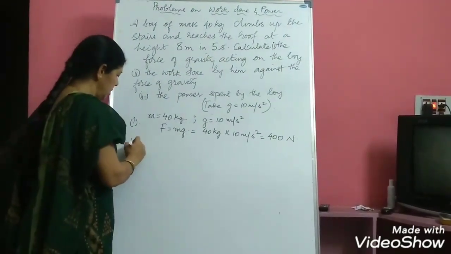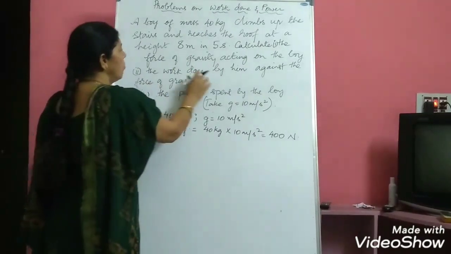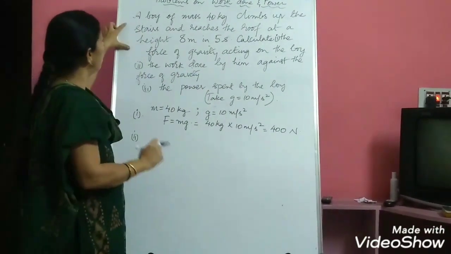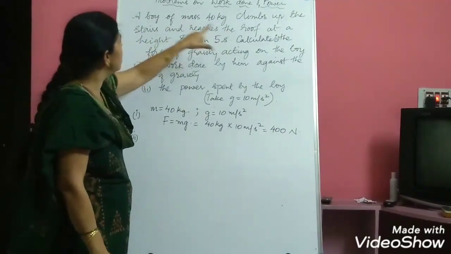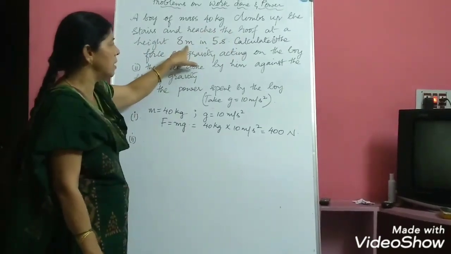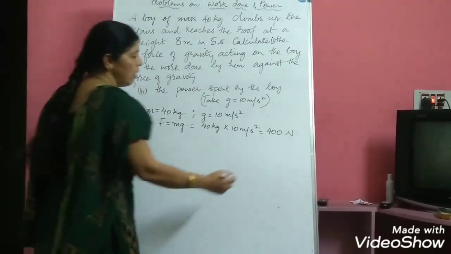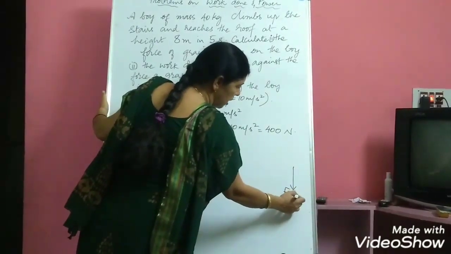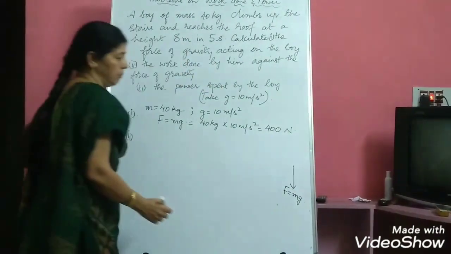Now, if you take the second question, what is the work done by him against the force of gravity? If you read the question, the boy is climbing up the stairs and he reaches the roof at a height 8 meter in 5 seconds. Actually, force of gravity will be acting always towards the center of the earth.